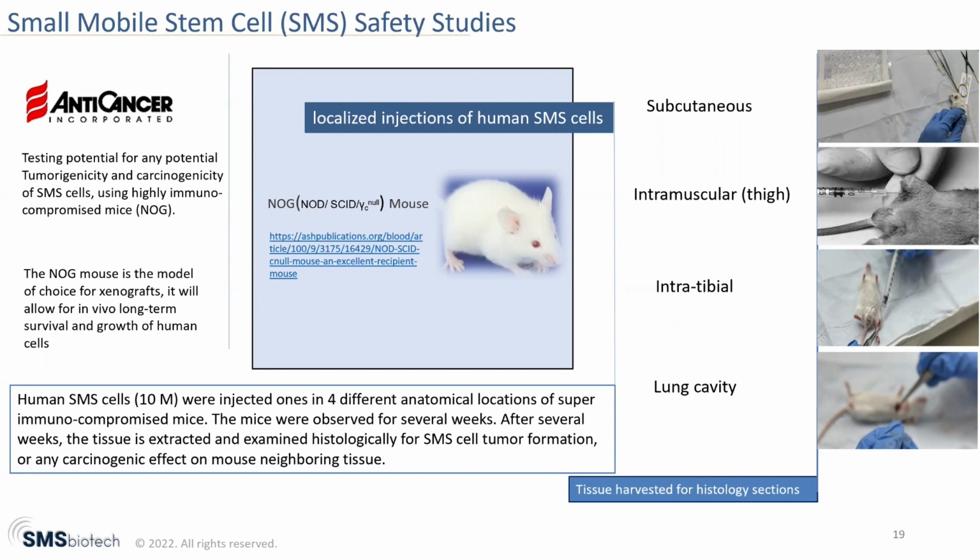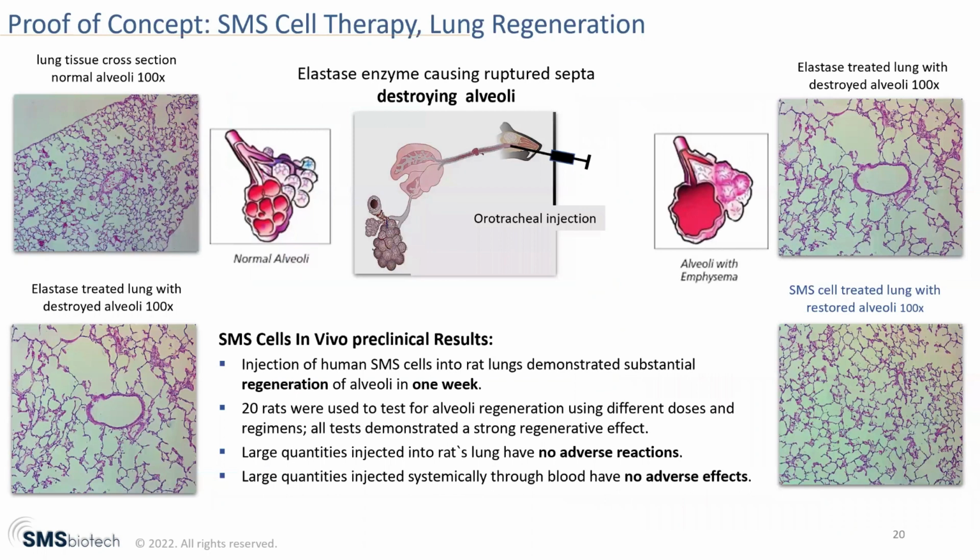SMS cells are adult stem cells. They are safe. But what is most remarkable here is the fact that when these cells are injected into seriously damaged animal lungs, lungs that have destroyed alveoli, which is a typical model for emphysema, that is the standard animal model, we observed a highly efficient and quick lung regeneration.